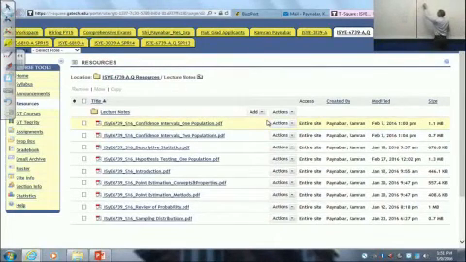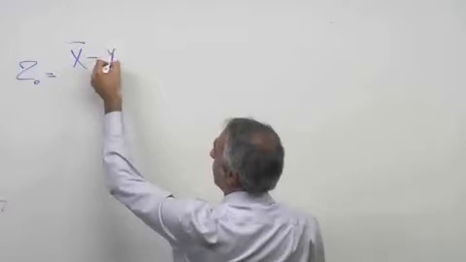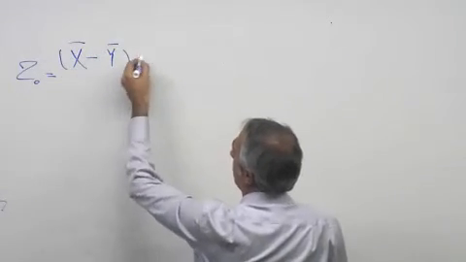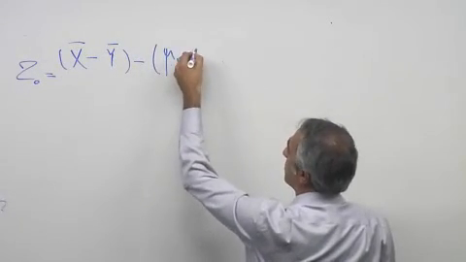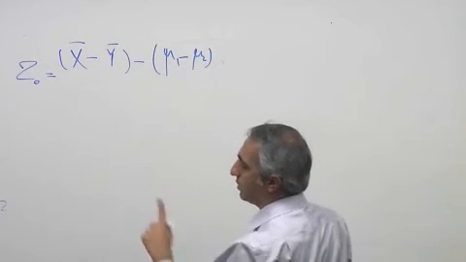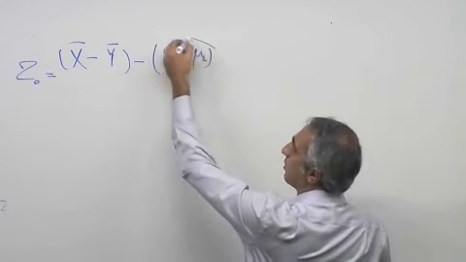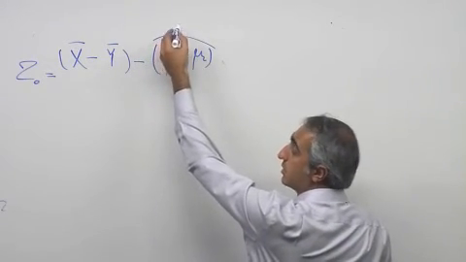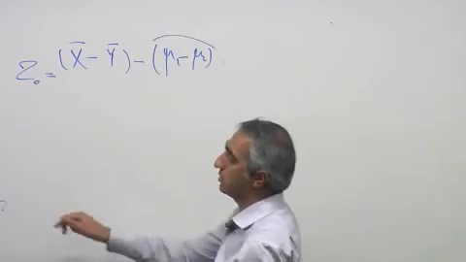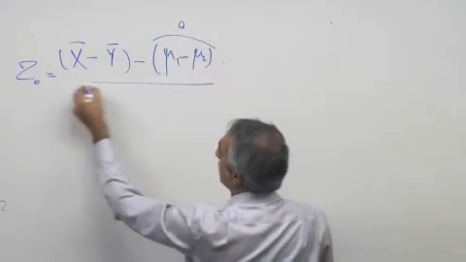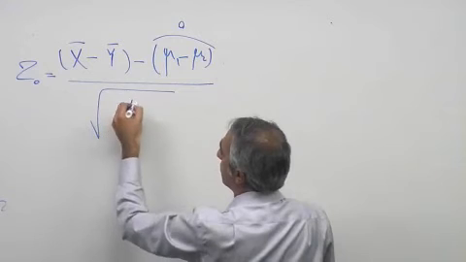So we need to find z0, which is x bar minus y bar minus (mu1 minus mu2). Under H null, mu1 minus mu2 is 0. Divided by the standard deviation, which is this.